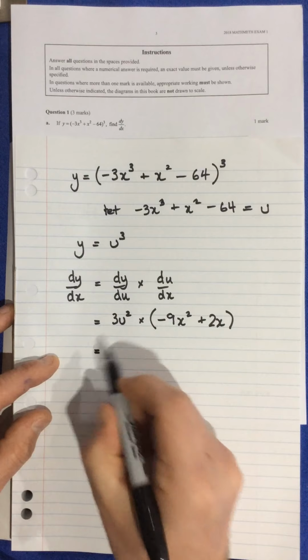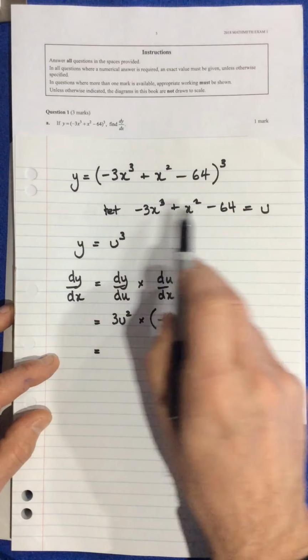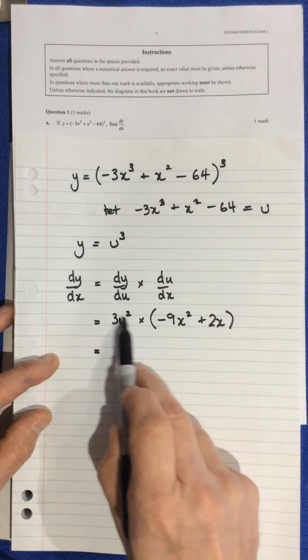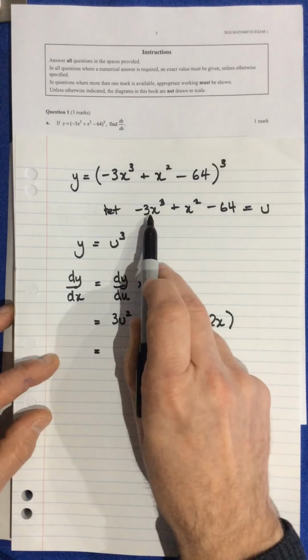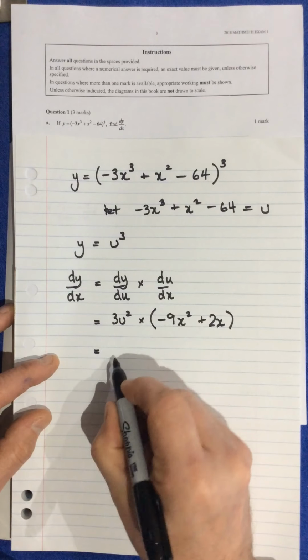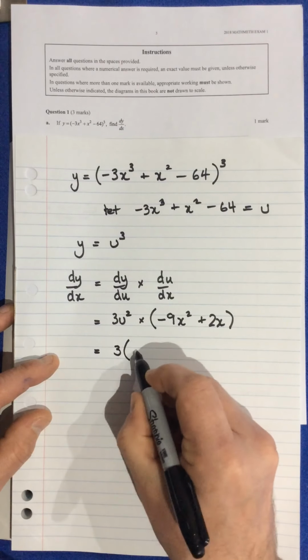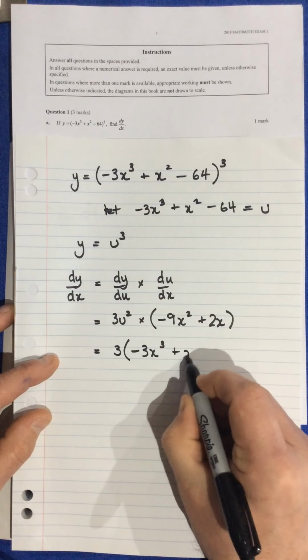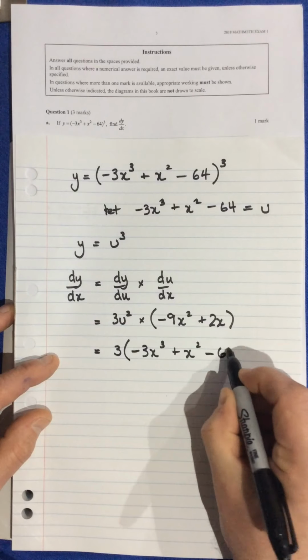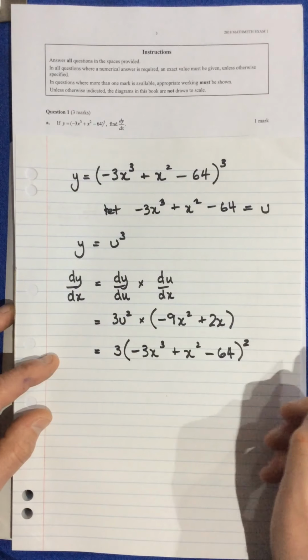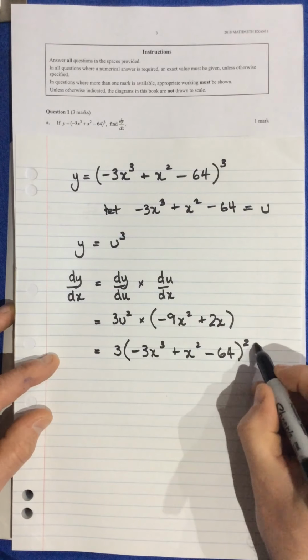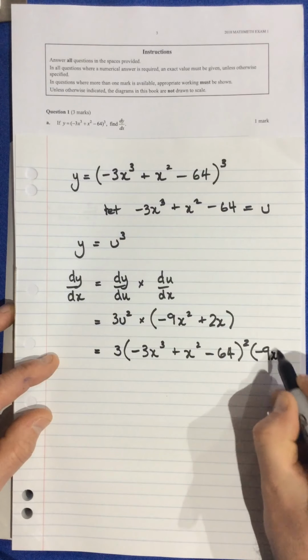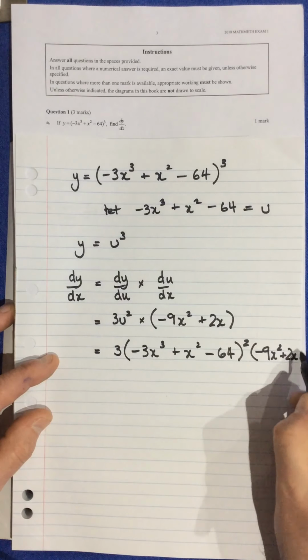And then the final thing is, of course, there was no u, so I'm going to bring back in place of this u squared what the original expression was. So it's going to be 3 times (minus 3x cubed plus x squared minus 64) squared, multiplied by this minus 9x squared plus 2x.